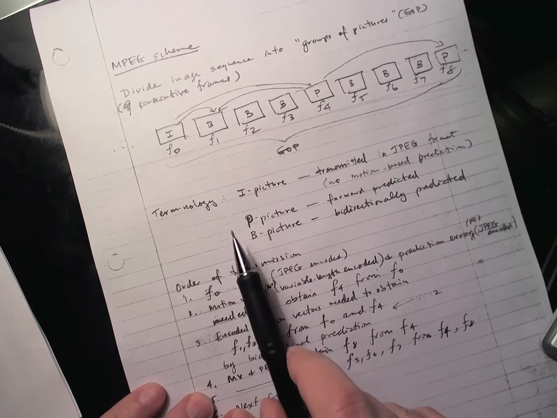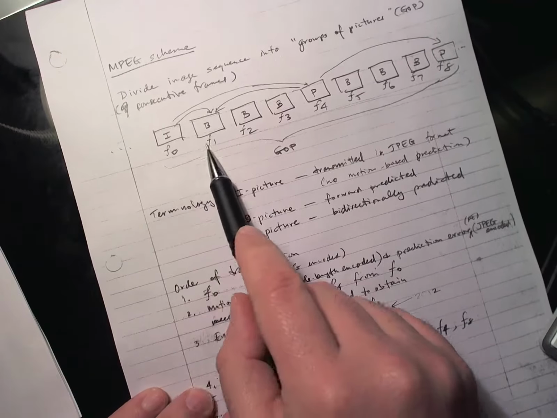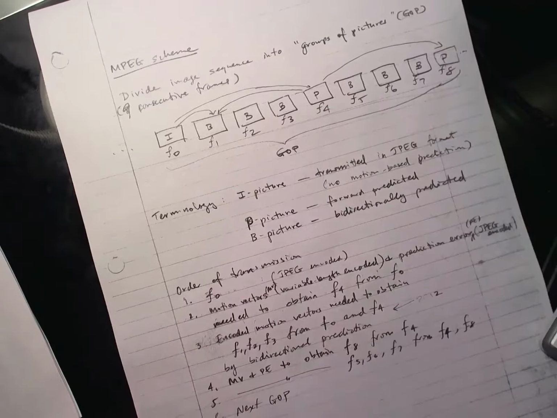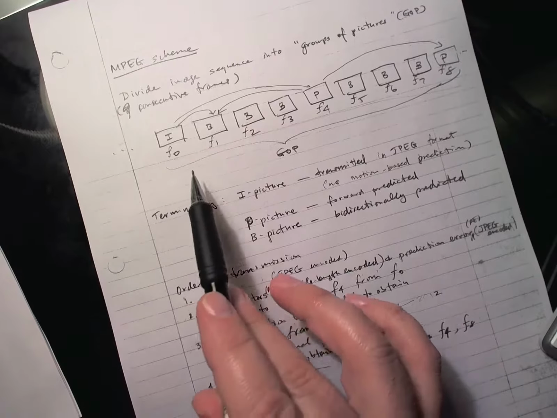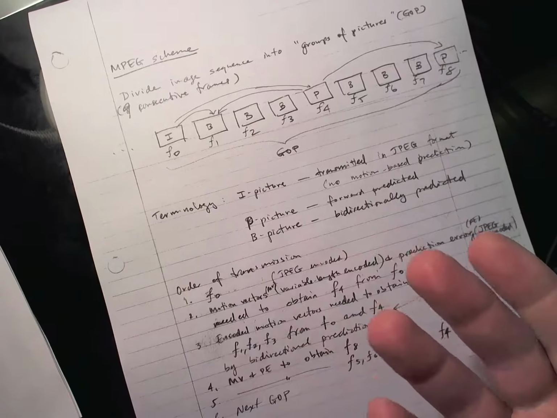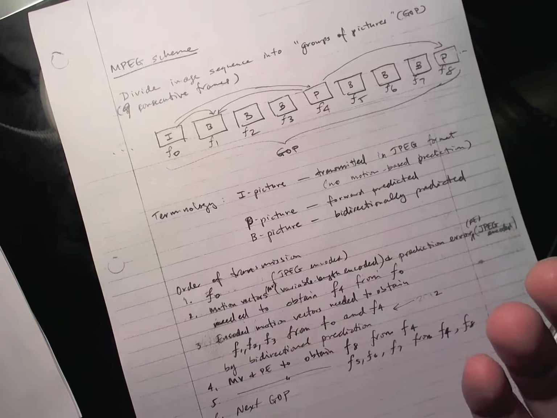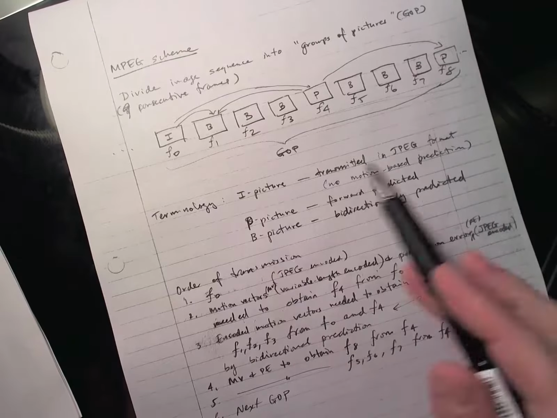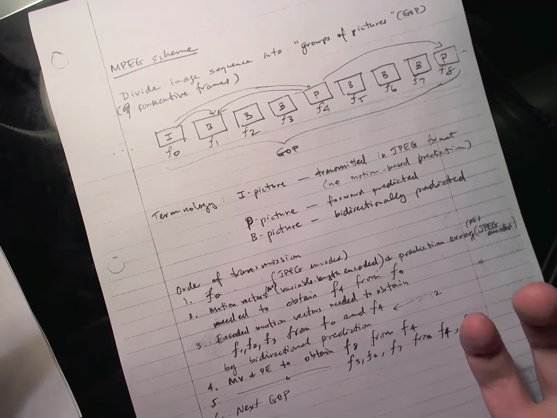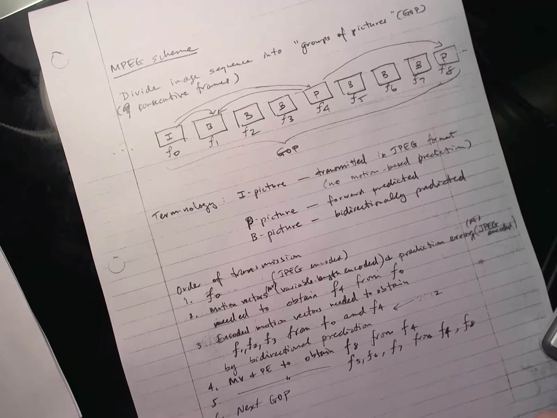what it does is it says here's 9 consecutive frames, 0 through 8, and it treats them as a group called a group of pictures, and then certain ones of these frames are actually transmitted full out, just the complete frame, and then others are predicted from the ones that are transmitted, and then the errors are used to correct the mistakes.